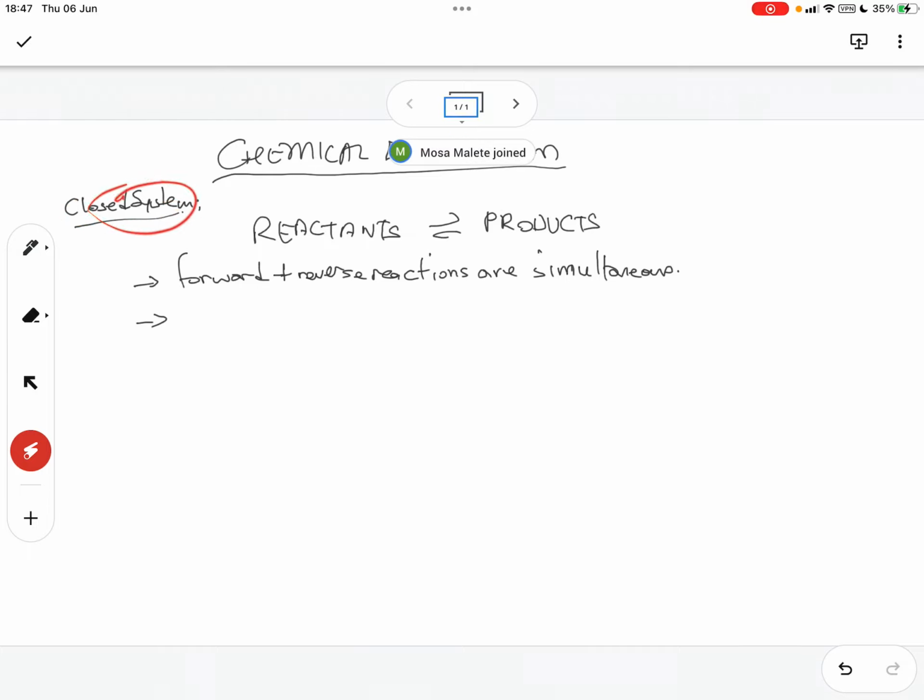So these reactants and the products, they are all in the same container. Remember, it's a closed system, and in a closed system, there's nothing that leaves or gets out of the system.